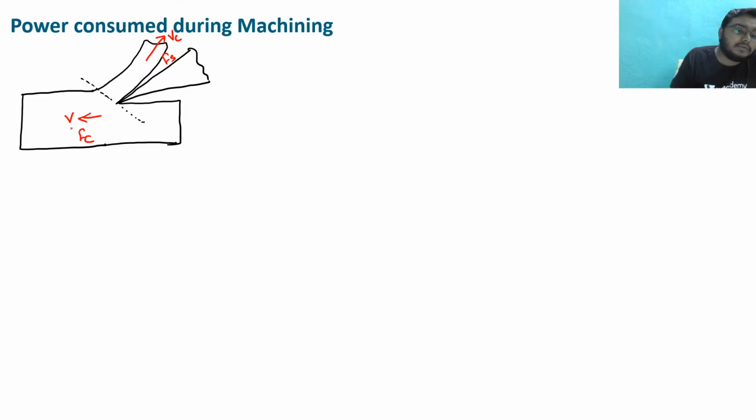Clear? And this is the shear plane. In the shear plane the shear velocity is also acting, and also the force associated with the shear velocity, that is the shear force, is acting in this direction.